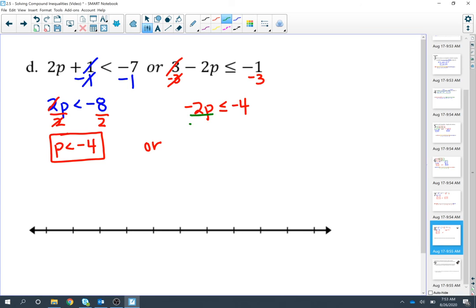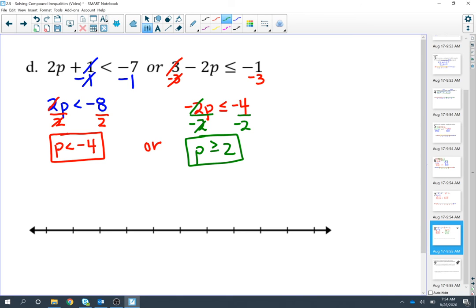Now I'm going to divide by negative 2. This time, you are dividing by a negative. This was a positive 2, this is a negative 2. And remember, if you multiply or divide by a negative, you have to flip the inequality sign. So we're going to flip it to, excuse me, greater than or equal to, and then a negative divided by a negative is a positive, so positive 2.